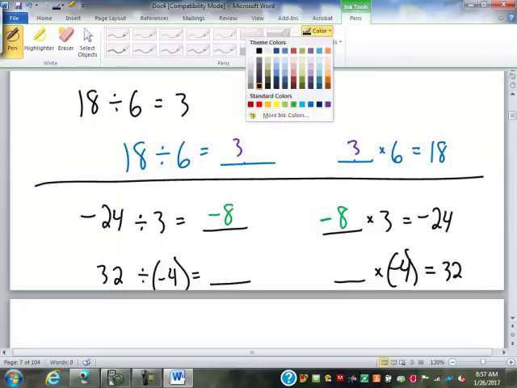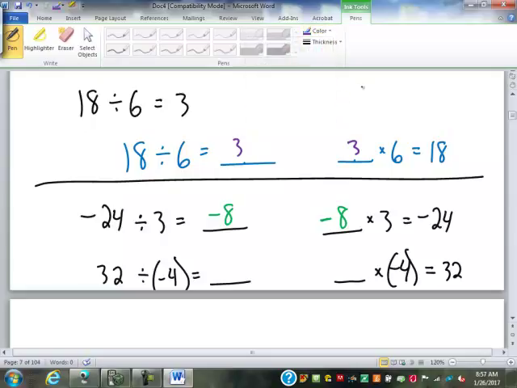Now again, let's look at the signs first. The 32 is positive, right? To get a positive, there's only 2 ways. A positive times a positive. Well, that's not what's going on here because this is a negative 4. So it's got to be a negative times a negative. So this is negative 8. Negative 8 times negative 4 is a positive 32. So that has to be negative 8.